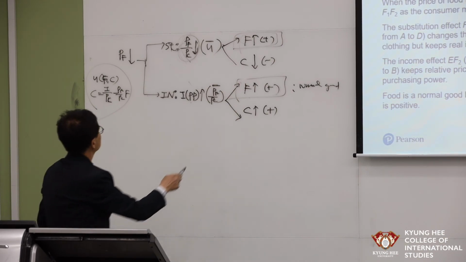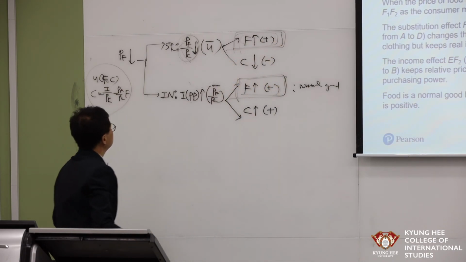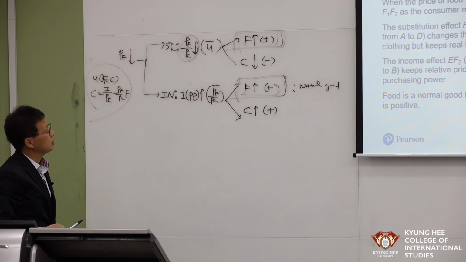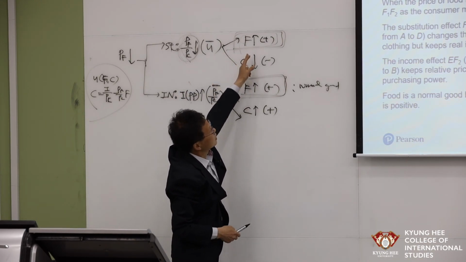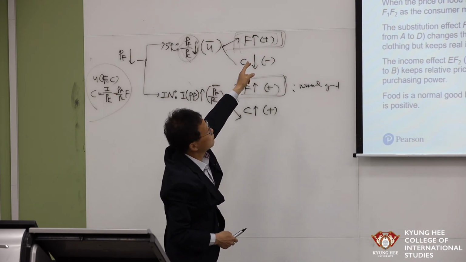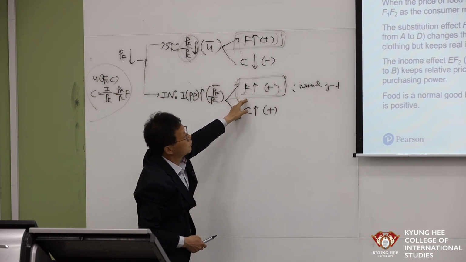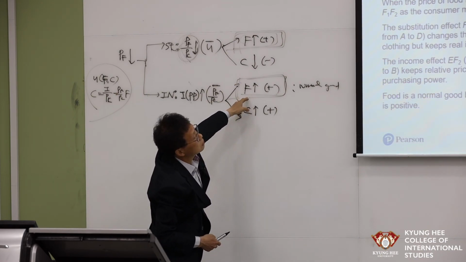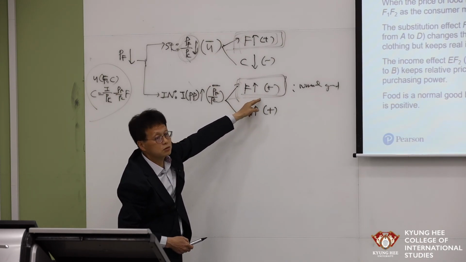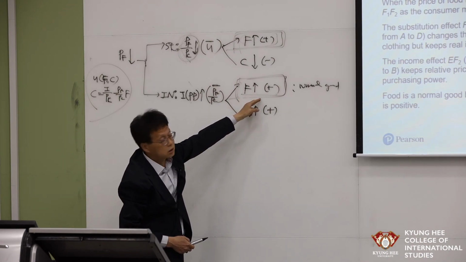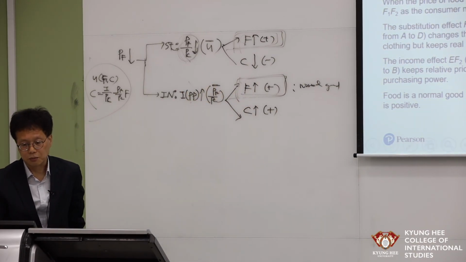So this slide only explains the impact on food, right? So the increase in F in the substitution effect is the movement F1 to E, F1E, right? The income effect is EF2. That is positive, EF2 is positive, right?